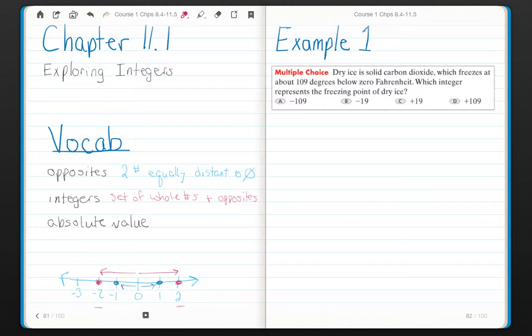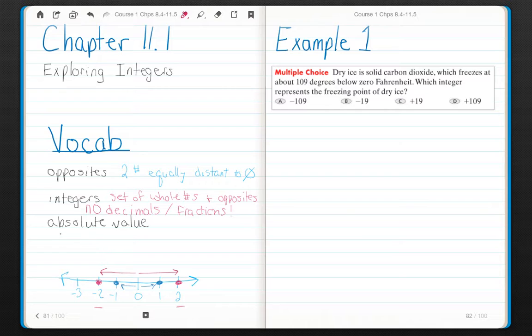Those are your integers, and they're opposites: -1, -2, -3, -4. Integers have no decimals or fractions. Decimals and fractions are not integers.